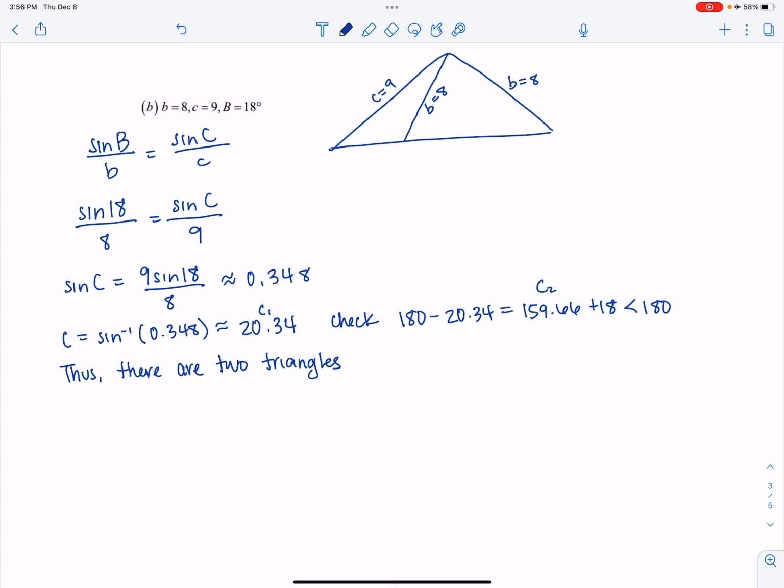Now our angle B is actually going to be a B1 value, 18 degrees here. And we found two C values. So one of our C values, C1, was 20.34 degrees. And our other C value, C2, is 159.66 degrees.